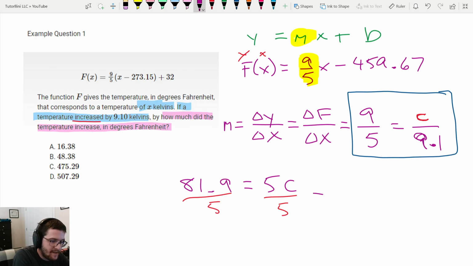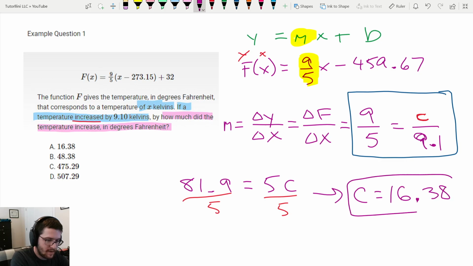And we should get c equals 16.38. And that is answer choice A, which I believe is correct.